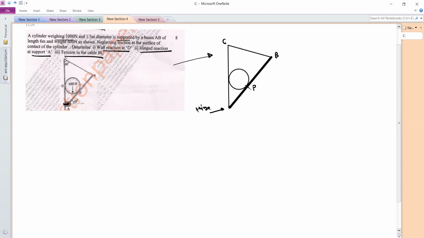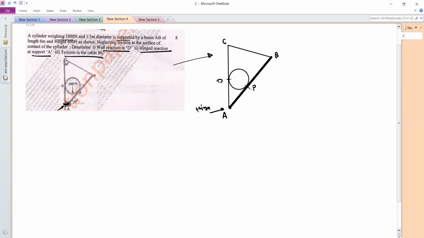Consider point A is exactly in contact with the wall. So this distance is negligible. Here I have shown directly the hinge point exactly in contact with the wall. So this is the point A.